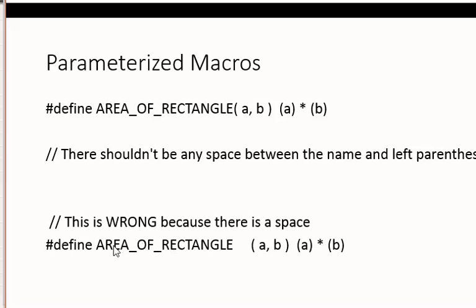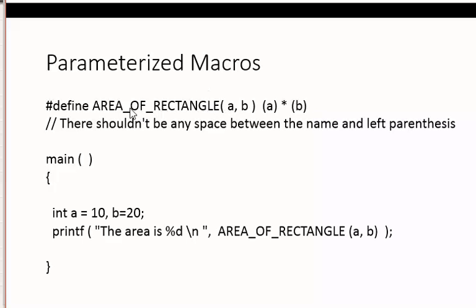Why? Because the preprocessor thinks that you have to replace every occurrence of area of rectangle with this entire expression, which is wrong, right? You want to pass a comma b to the macro and multiply a times b. So the correct definition is area of rectangle with no space, and you have a comma b.